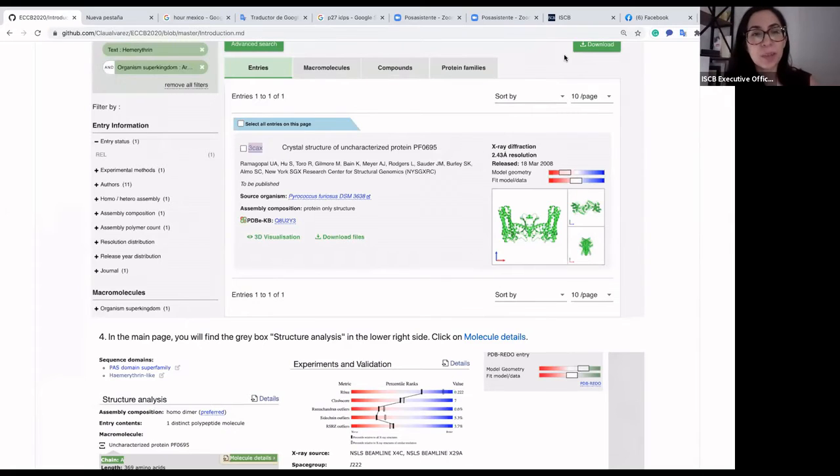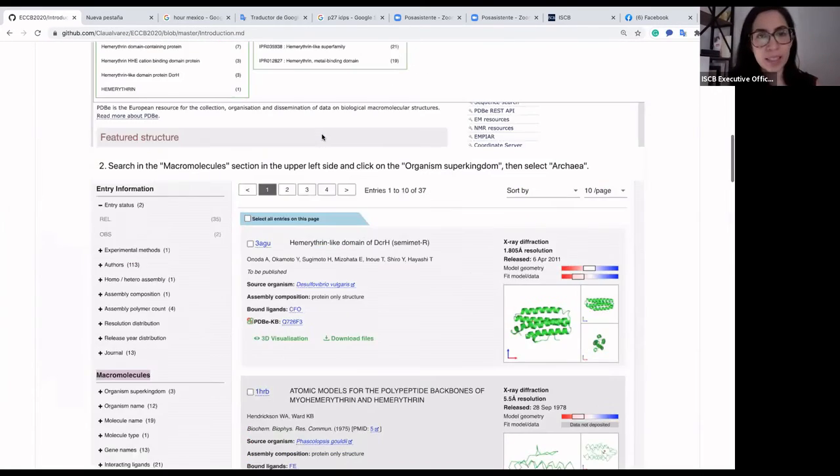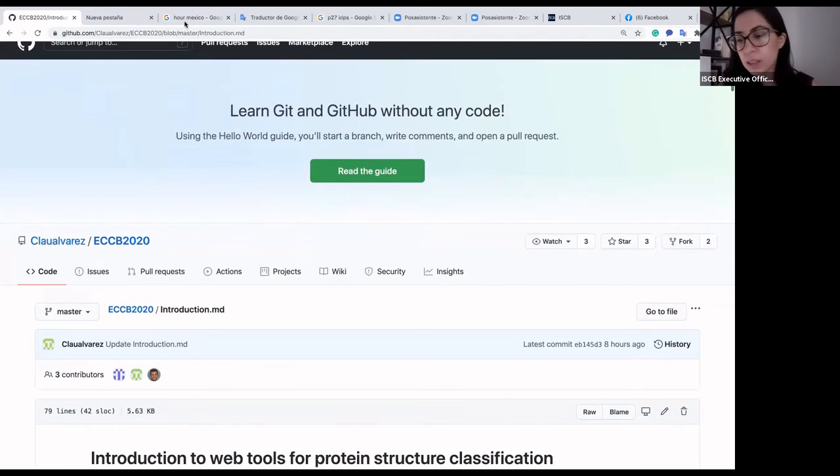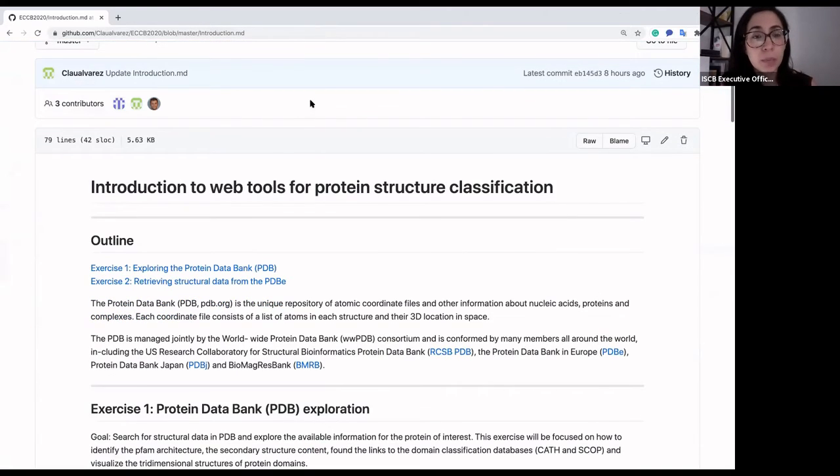So I hope you had enough time to at least get to know this website and understand how it works. So we are going to go to the next section, but you will have access to this GitHub page.